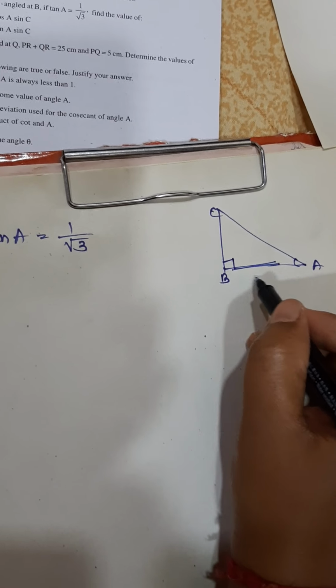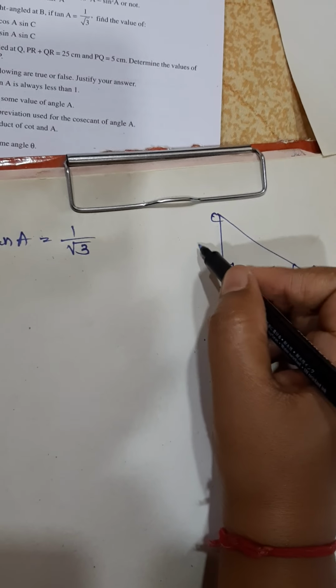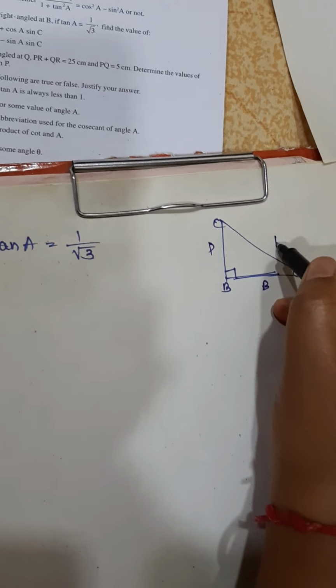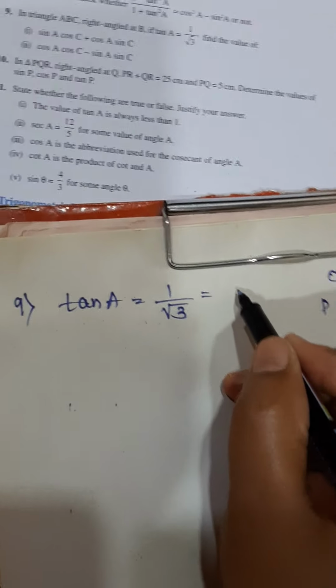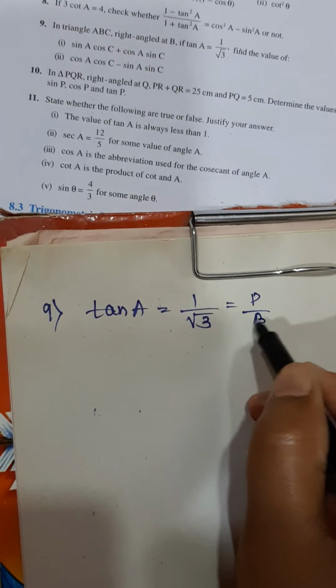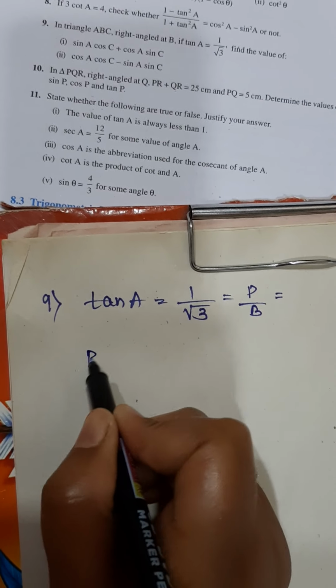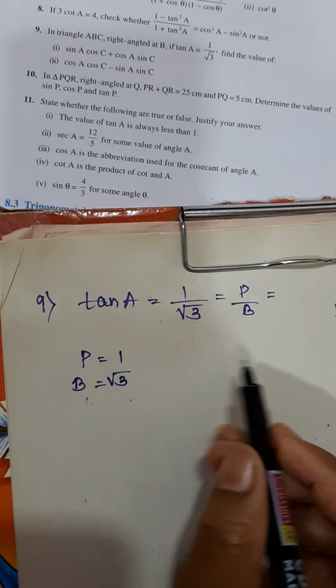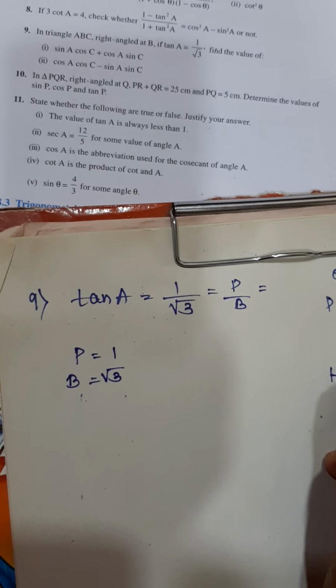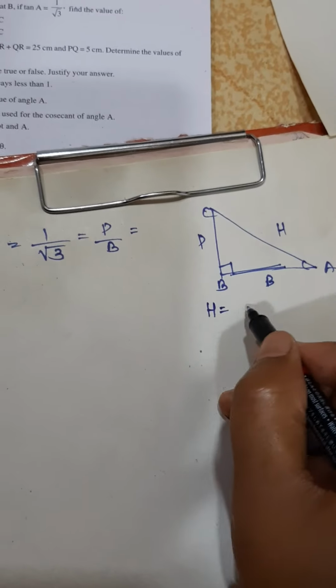Here it will be base and it is our perpendicular, and here it is H. So tan A means what is our formula? P by B. So P is equal to 1 and B is equal to square root of 3. So by these two, by PGT we can find out H. What is our H value?